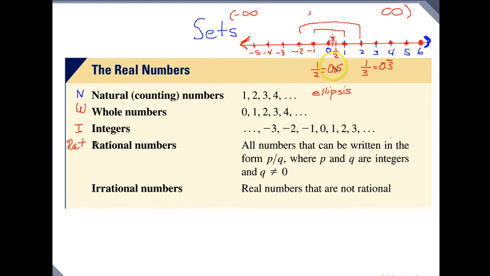But remember, all of these other numbers can be written as fractions as well. So we can have, for instance, 6/2. That would be an integer as well as a rational number. So up till now, all of these are rational numbers. Some of them are integers, some of them are whole numbers, some of them are natural numbers.